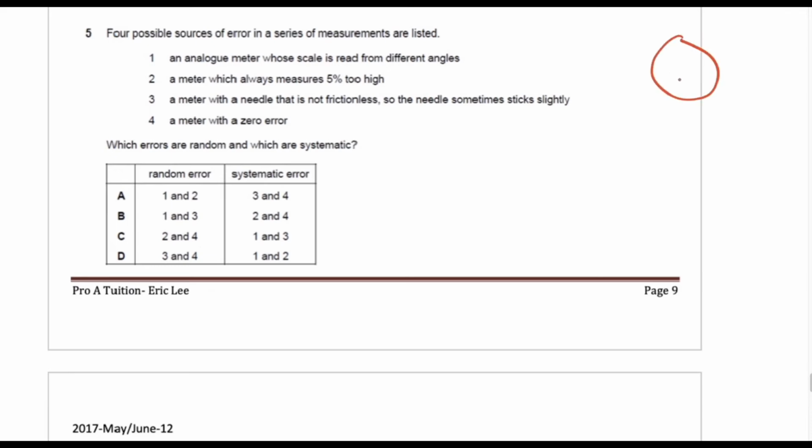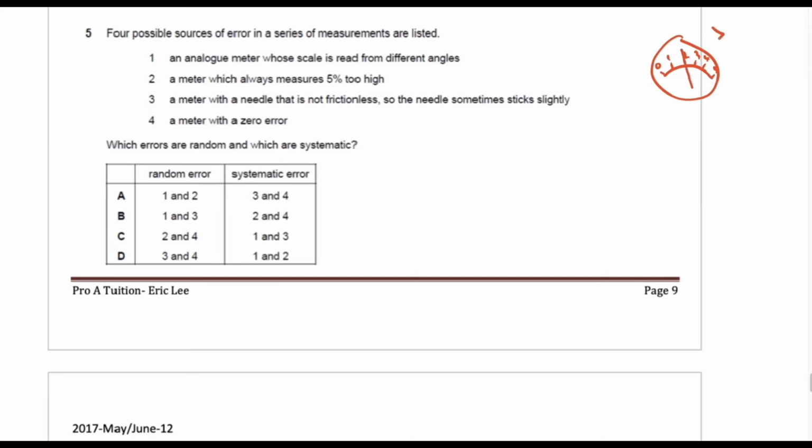Okay, so let's say the 0 is here, and the reading goes 1, 2, 3, 4, 5. Let's say the needle is pointing to 2.